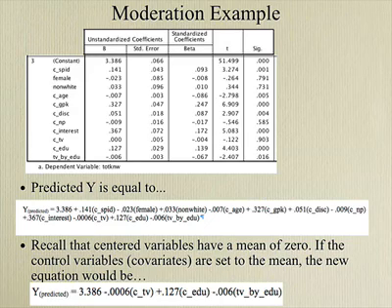Now, if we didn't center those variables, you can't do that. There'd be ways to get around it, but the easiest way for sure is just to center the variables, and then this value times 0 is always going to be 0. You can just drop those out of the analysis.